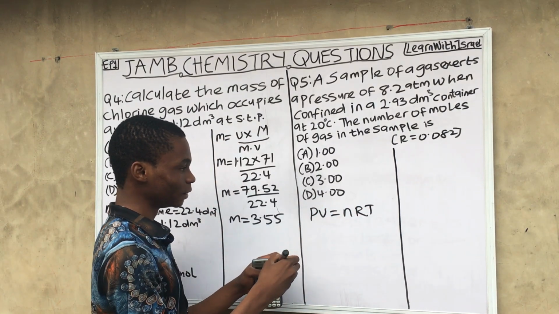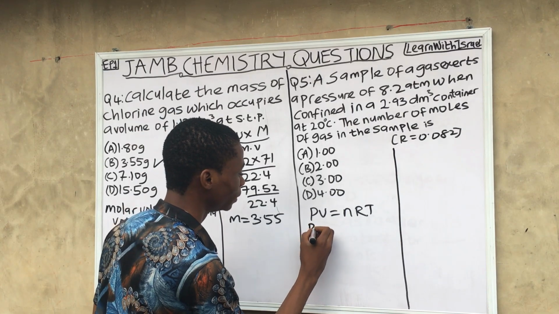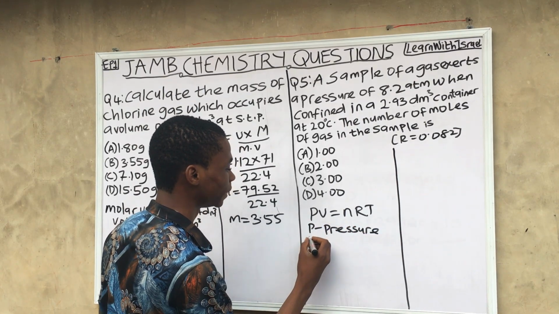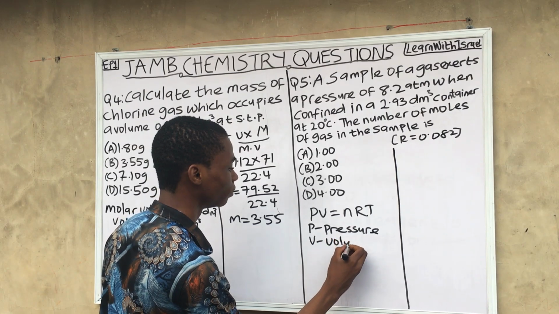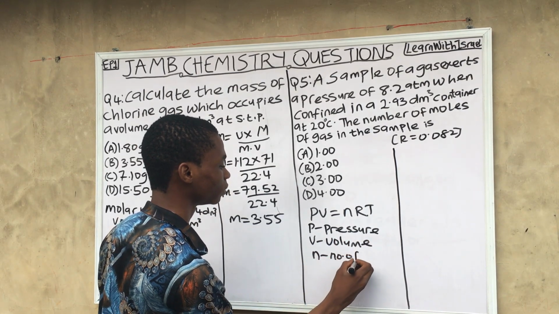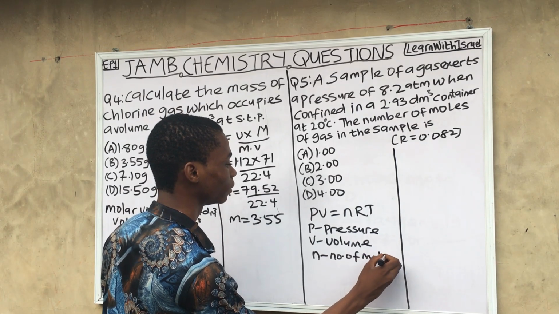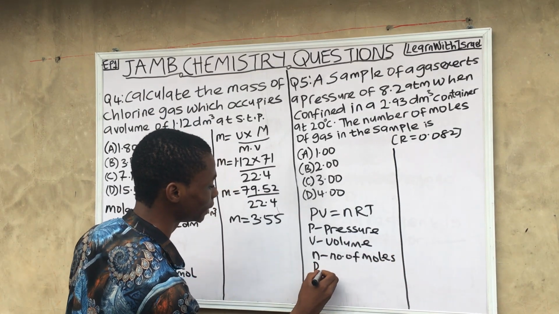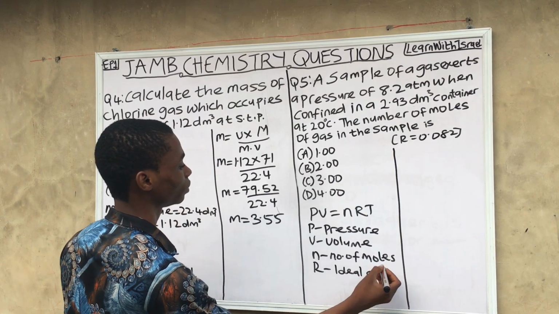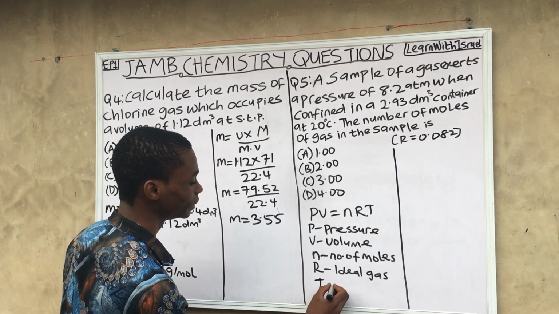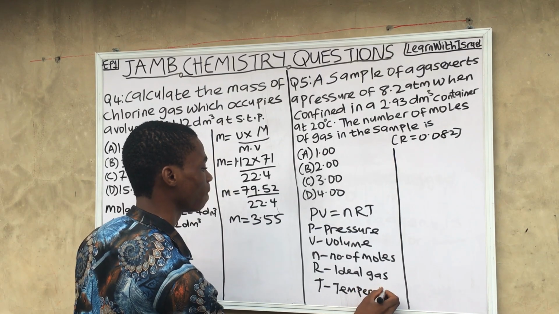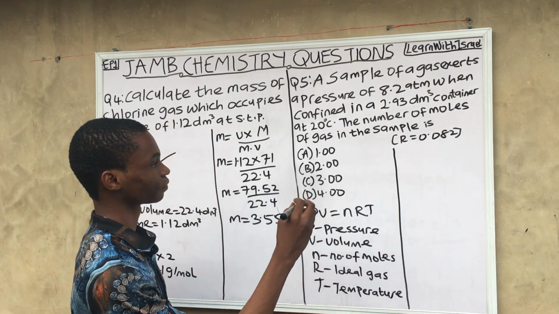P represents the pressure. V represents the volume. N represents number of moles. R is the ideal gas constant, while T is the temperature.